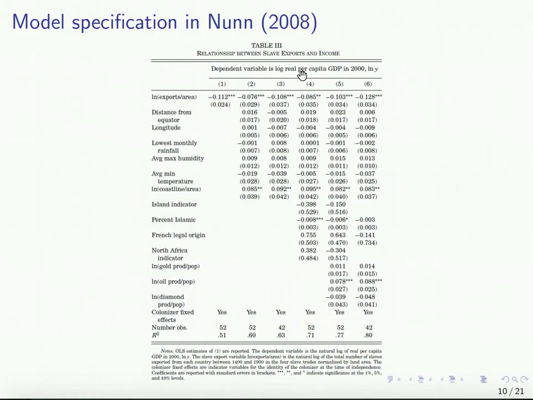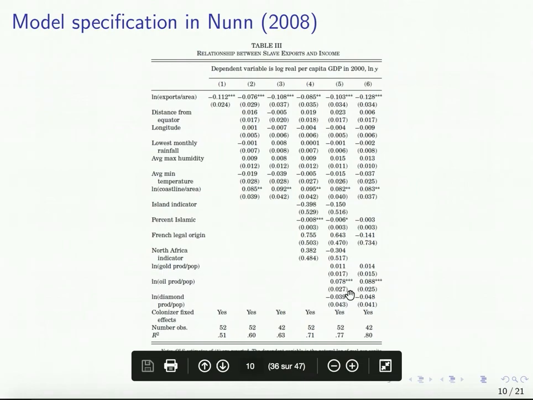And that would still have an impact on today's GDP because you would be able, again, to trade more, and this would have a positive effect on your GDP, okay? So this is true of all these variables, and so what you see here is really that he included several specifications in which he is going to add more control variables or sometimes omit some of them, okay? But that's what he does.